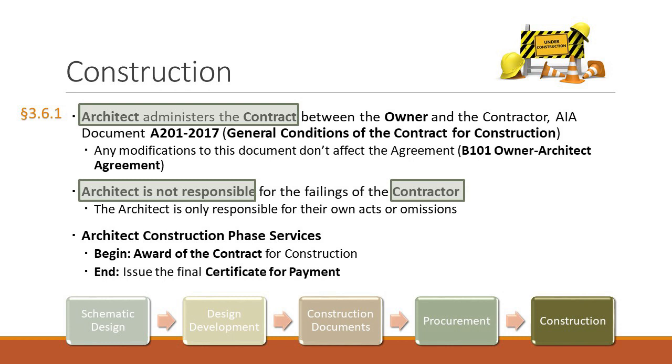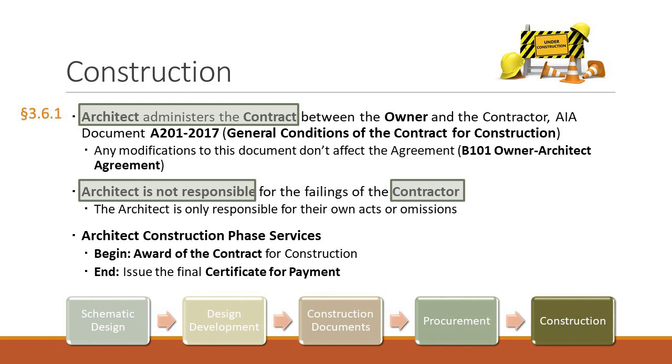The architect shall be responsible for the architect's negligent acts or omissions, but shall not have control over or charge of, and shall not be responsible for, acts or omissions of the contractor or of any other persons or entities performing portions of the work.